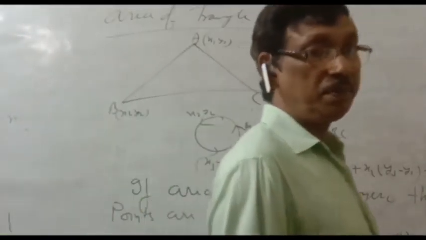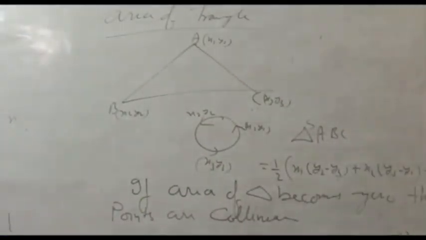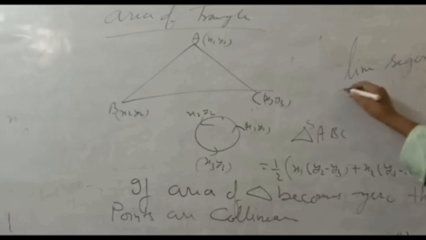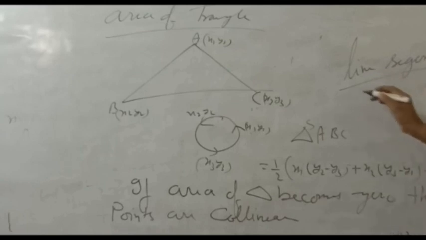In coordinate geometry, we always write line segment, not line. The definition of a straight line is the minimum distance between two points, when one point lies at infinity.